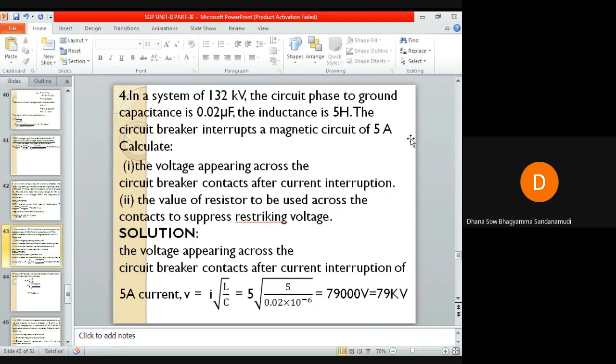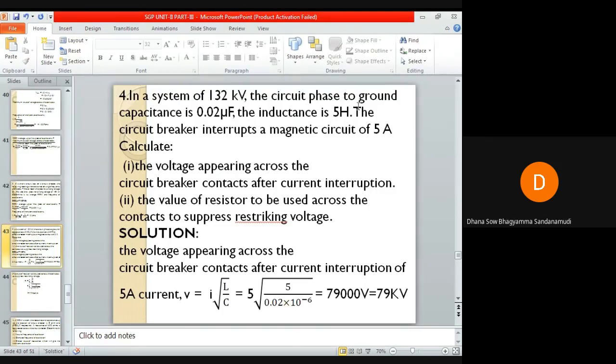Okay, so in the given data, line to line voltage is given, capacitance and inductance value is given. So the voltage that appears across the circuit breaker contacts is the prospective voltage, isn't it? As soon as current chopping occurs, the voltage that appears across the circuit breaker contacts is prospective voltage. So for this problem especially, if you know the concept, then only you will know the formula to use.